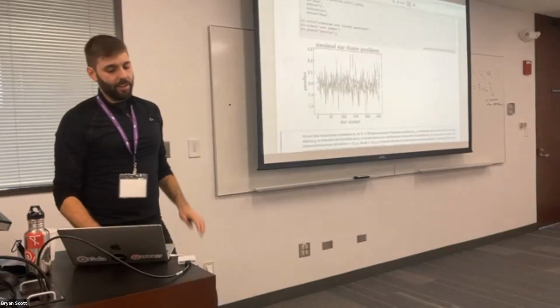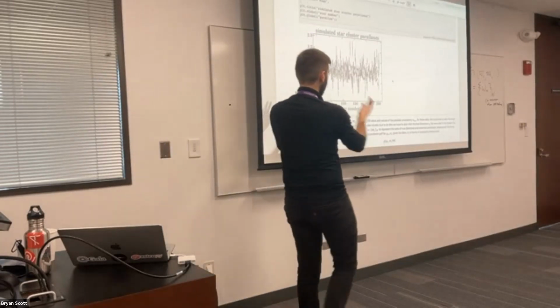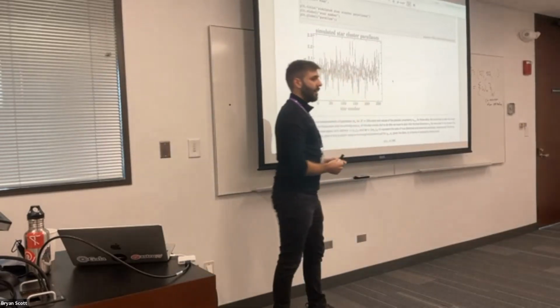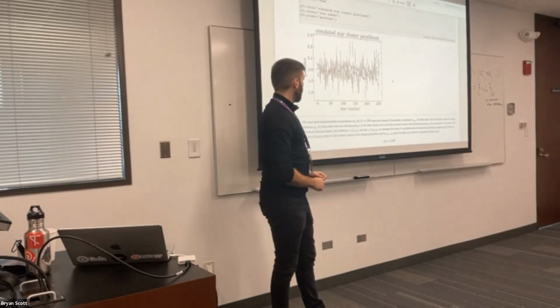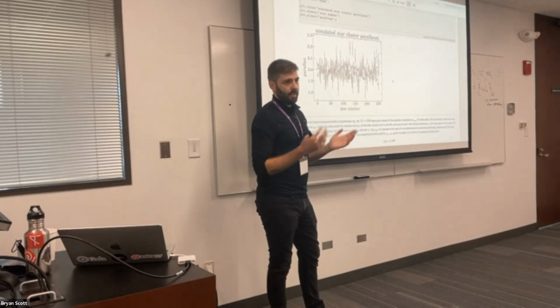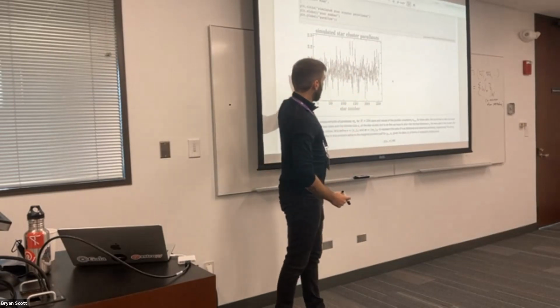The first thing I always do when I'm handed data, simulated or not, is make some visualization of it. In this case, we're just given parallaxes, so it's a one-dimensional thing. You could make a histogram of the parallaxes. That would be one way of visualizing it. Here, instead, I wanted to show the error bars.